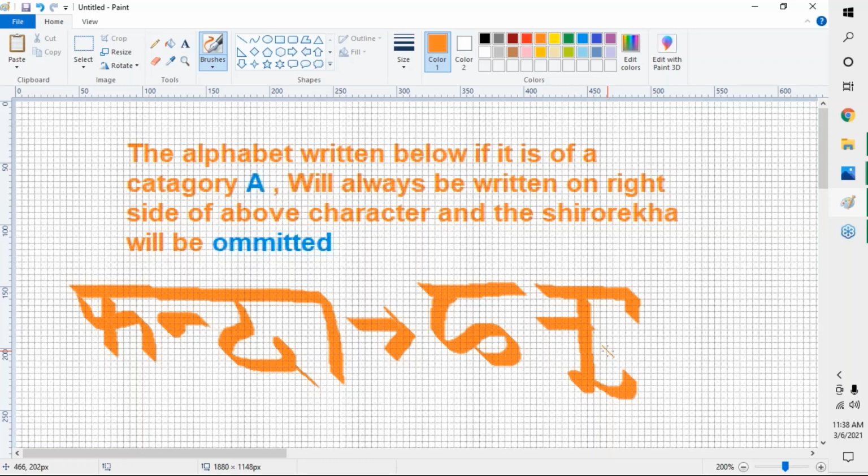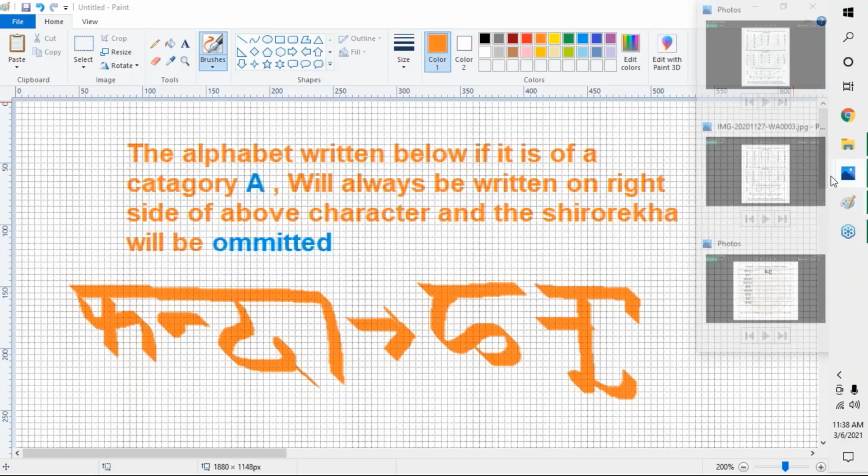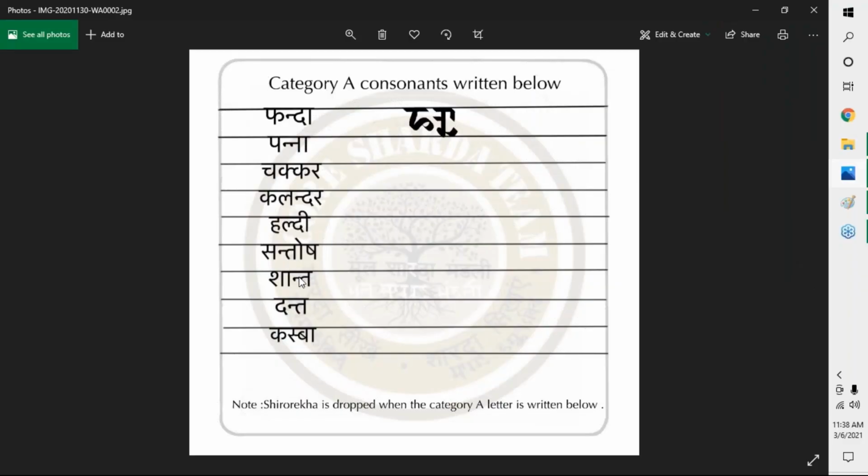We will take examples where the below character is only of category A. Maybe students can post some examples. I will write those, but this is very important. Okay, Kasba.